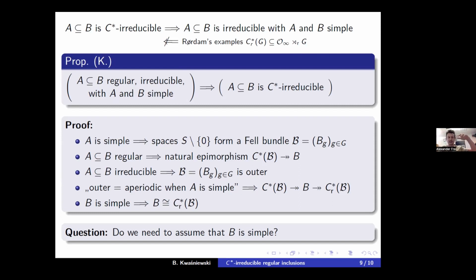So your B is given as the algebra of a Fell bundle over a group, where some of the assumptions are not satisfied, and where you know an intermediate algebra which cannot be the C-star algebra of your Fell bundle restricted to a subgroup. That should be easy to come up with, but I don't have a good example at this point. But I think that should exist, quite a lot.